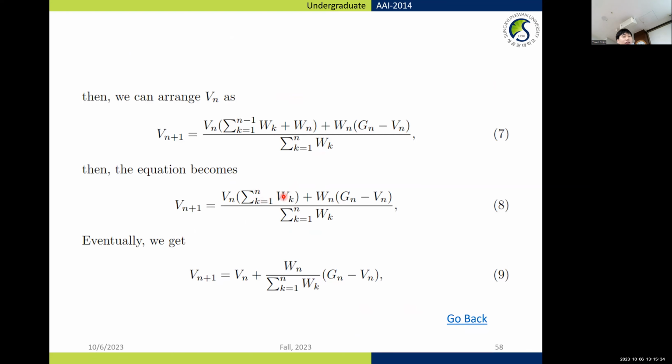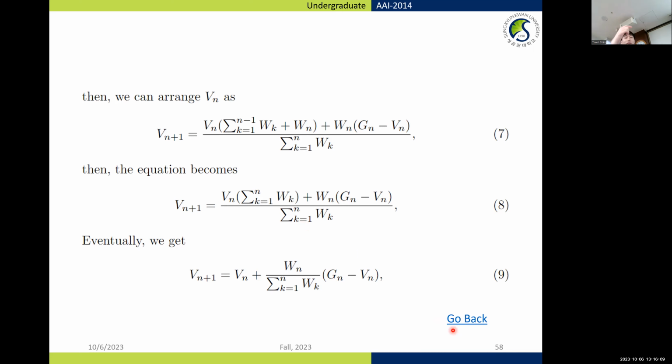Then we can simplify to here and separate them. This Vn will be cancelled, so Vn only has the Vn plus this part, which is Wn divided by the sum of Wk for k from 1 to n, times Gn minus Vn. This is the exact format we are using, the incremental implementation.